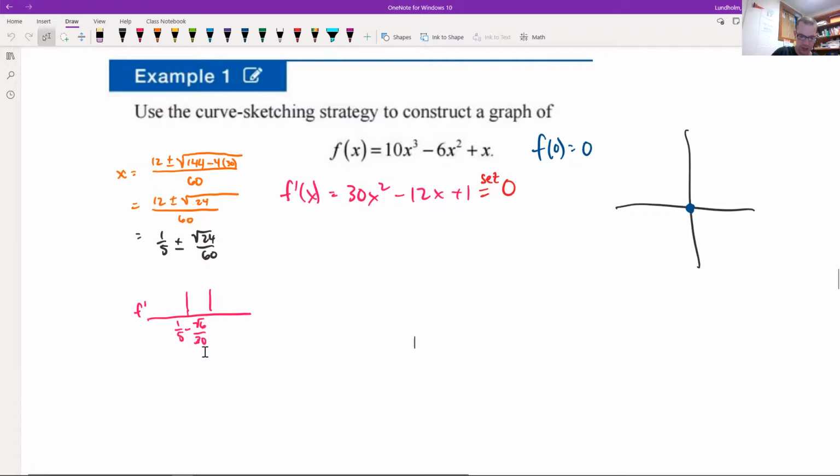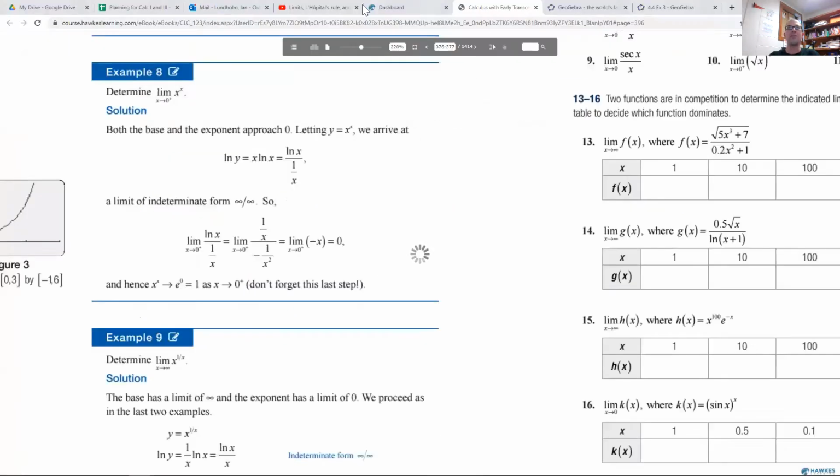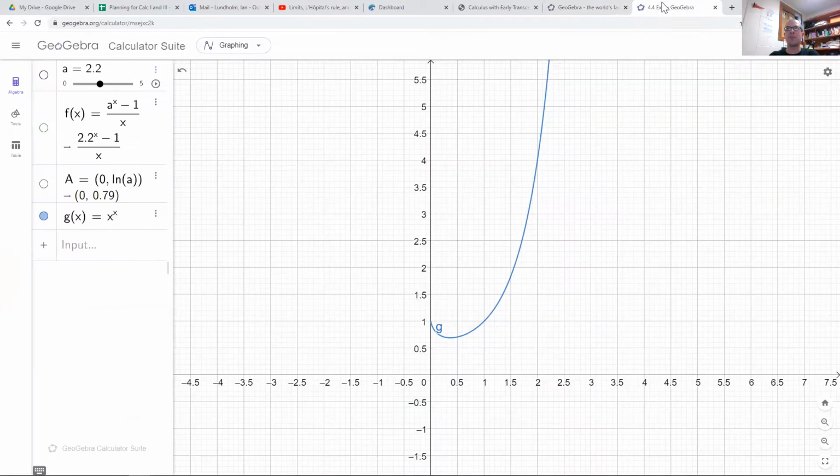And I'm recognizing that this is getting ugly bunched up. 1/5 plus the square root of 6 over 30 here. And what we would need to do is plug in some values and figure out whether our derivative is positive or negative. How about, let's plug this thing into GeoGebra and it should be good. We can use that because I don't want to plug in those numbers.